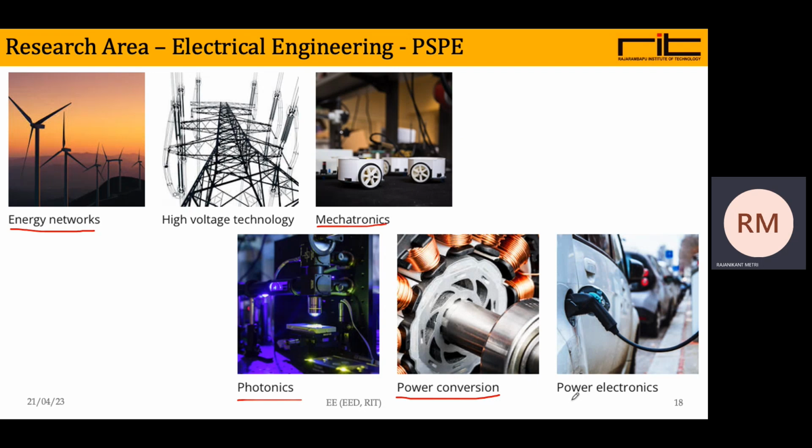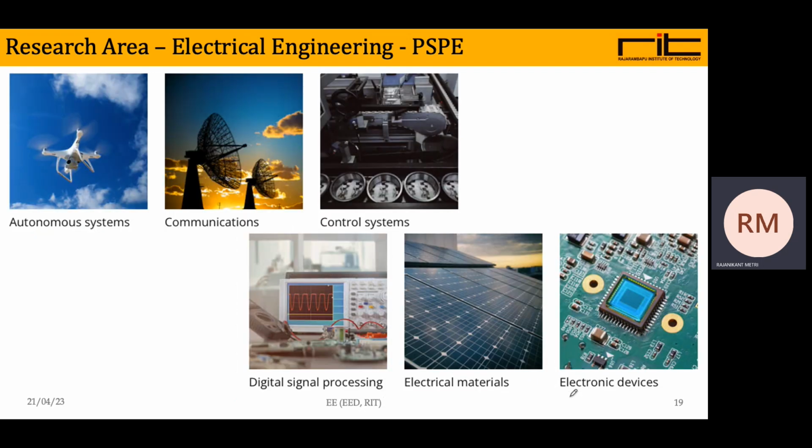Then power electronics. A lot of inventions have been made in the last two decades in this field, and it is still going on. Then autonomous systems, quadcopters or autonomous e-vehicles. Then communications. Just five to six years ago we were talking about 2G, 3G, and now we are talking about 5G implementations.